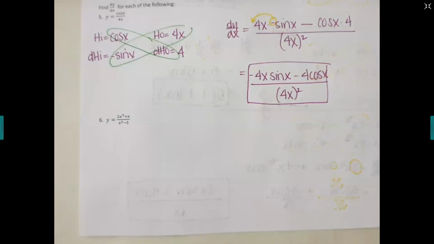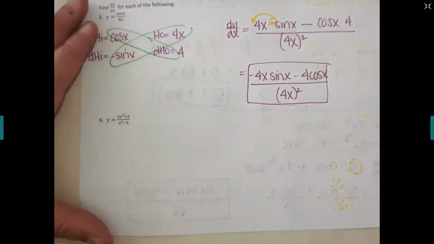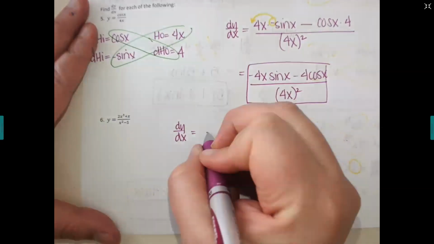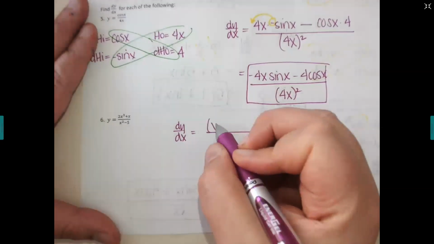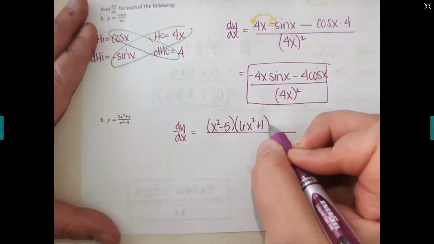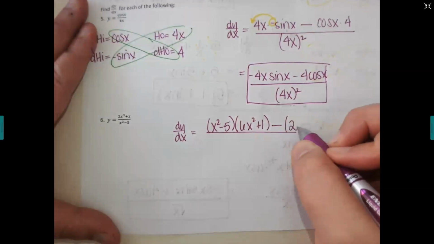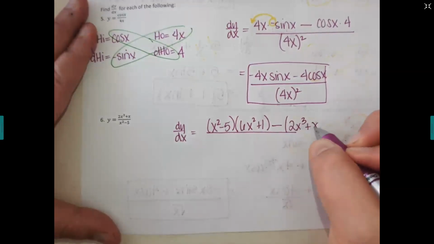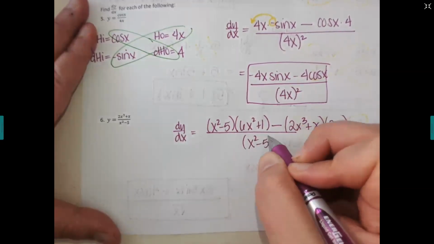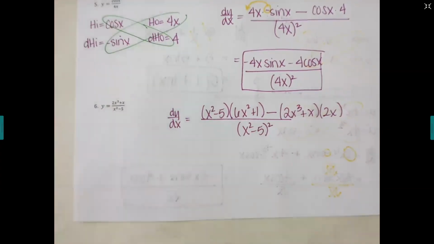Good. Okay. Wow, we're doing great. Okay, you should have this. Okay, remember it's ho D hi would be 6x squared plus 1 minus hi D ho over ho squared. Okay, now, one thing that is important, these parentheses have to be there, otherwise it is wrong. Delta Math will count it wrong.